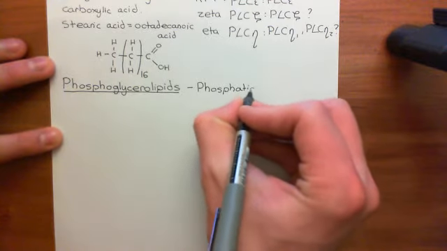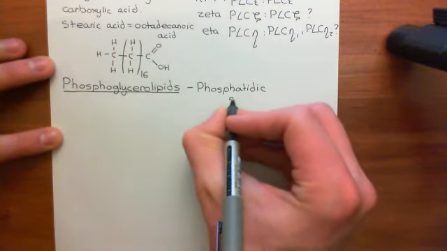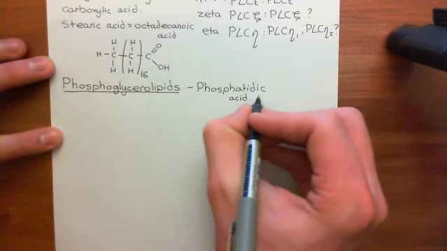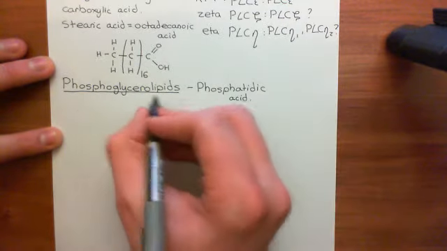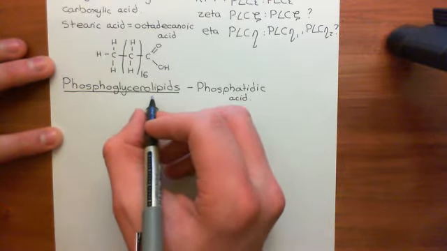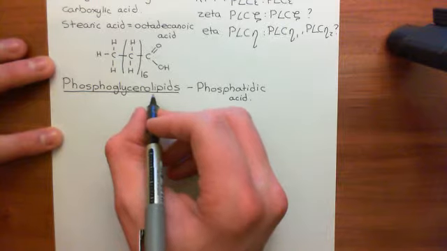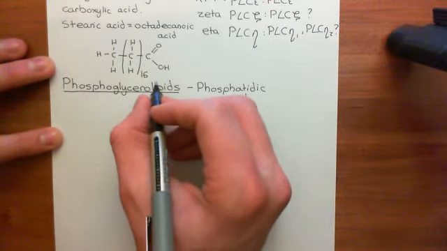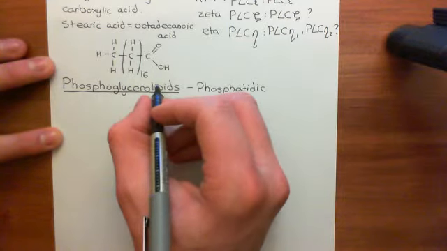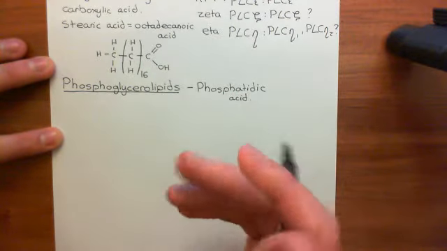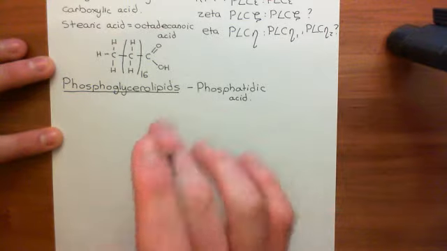Phosphatidic acid is basically the core one, the one from which all the other phosphoglycerolipids are derived. And once again, I'll stress that all phosphoglycerolipids are phospholipids, but they're not the only type of phospholipids. There are other types as well, such as the sphingomyelins, which we're not going to touch on.